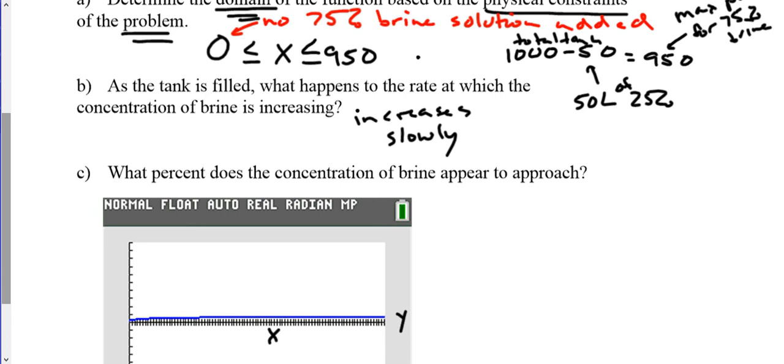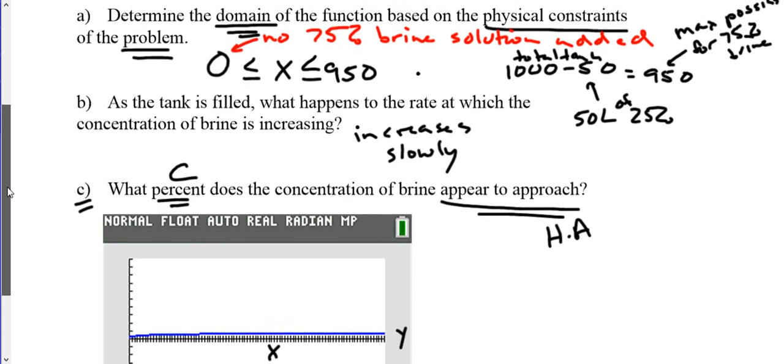And that's where it brings us to part C. It says, what percent does the concentration of brine appear to approach? The percent is referring to the C value. Appear to approach is referring to the horizontal asymptote. You can look at this graphic and maybe try to figure it out, but as it gets bigger and bigger, we know that we're approaching.